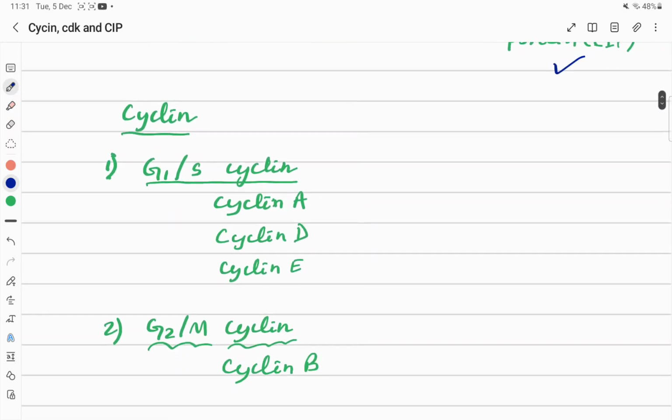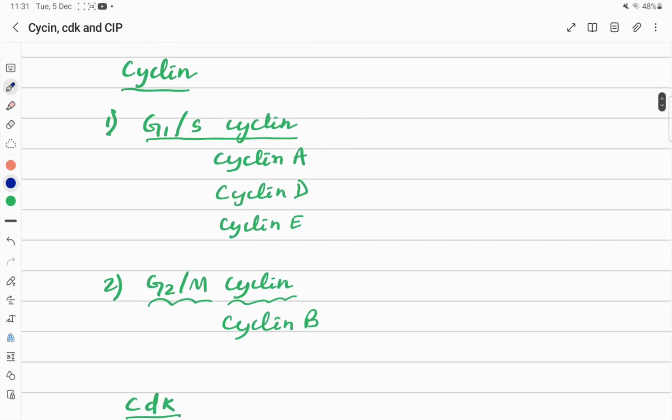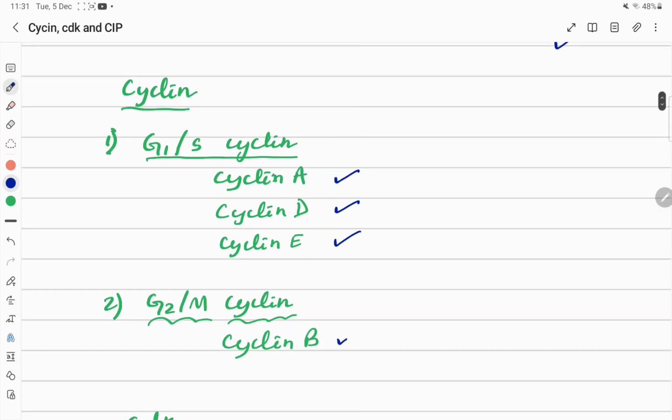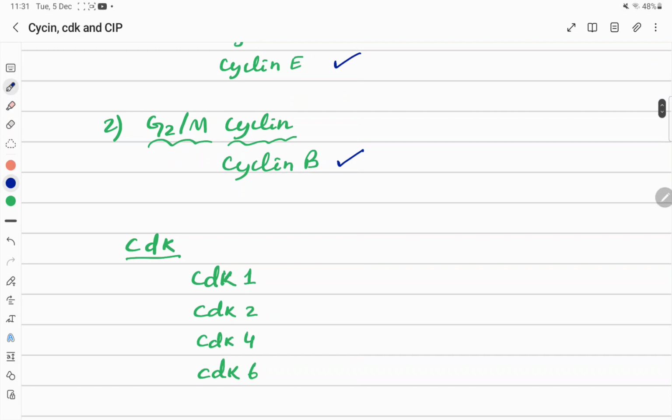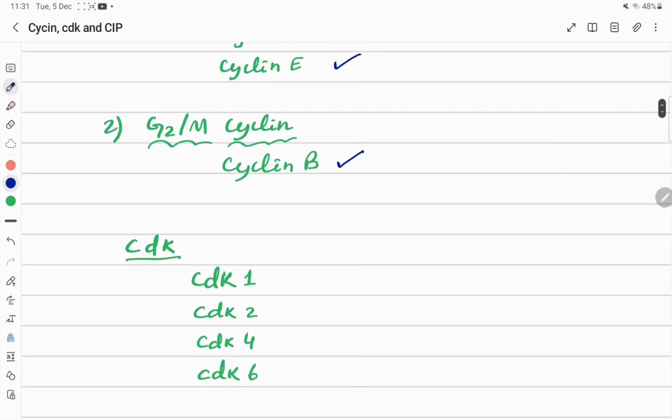The cyclins can be of two types mainly: G1S cyclin and G2M cyclin. Under G1S cyclin, three cyclins are there: Cyclin A, Cyclin D and Cyclin E. Under G2M cyclin, Cyclin B is there. Similarly, the cyclin dependent kinases are Cdk1, Cdk2, Cdk4 and Cdk6.